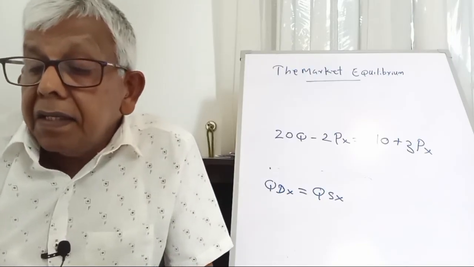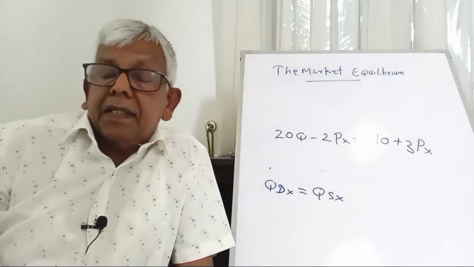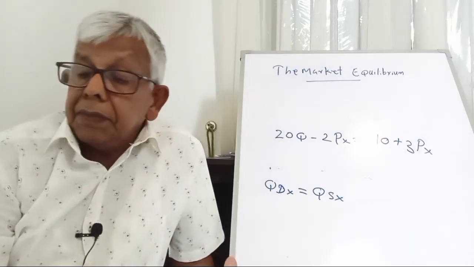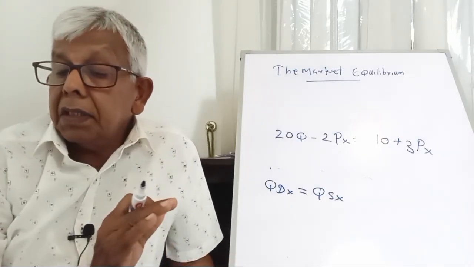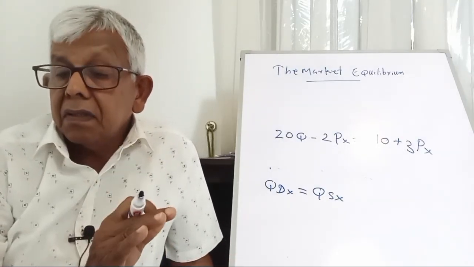This identity can be solved to get a value for Px, which is called the equilibrium price.